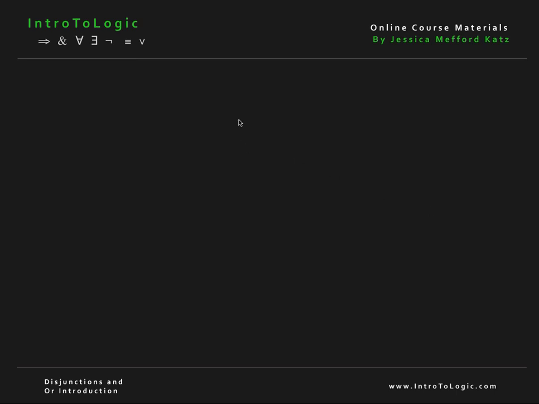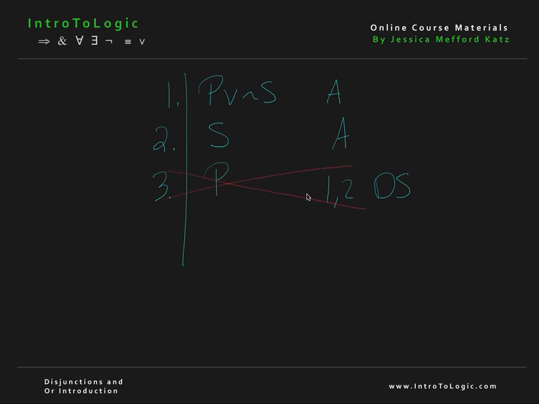And here's another example. Say that I have P or not S as my first assumption and S as my second assumption. It's common that people will use lines 1 and 2 to arrive at P with disjunctive syllogism. However, this is technically not correct, and you need to be careful to not do this.